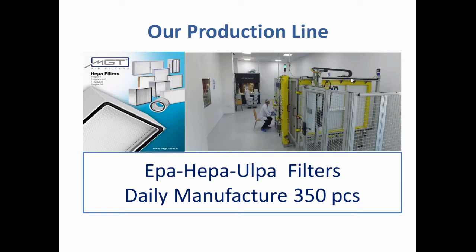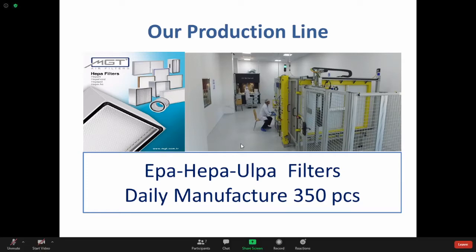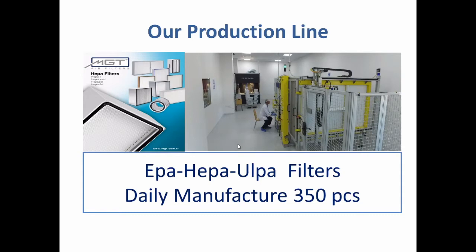There are two test rigs, and both of them are different. One is a scan test according to EN 1822, and the other, where the guy is sitting next to the machine, is the machine from Topaz in Germany, which automatically scans all the filters. So if you, for example, give an order for 50 or 100 HEPA filters, each of them has a test report with its own serial number.